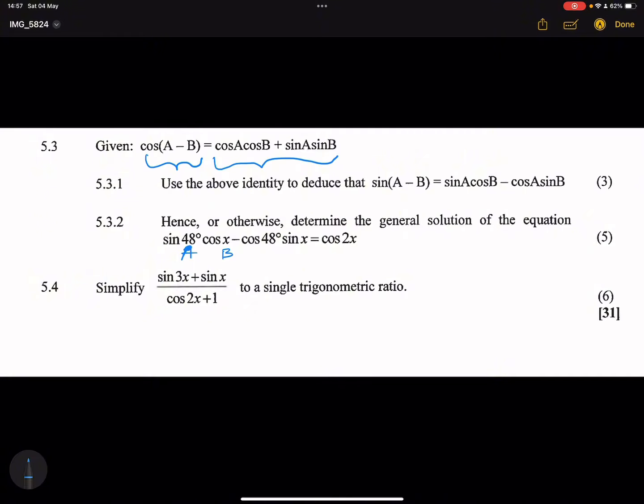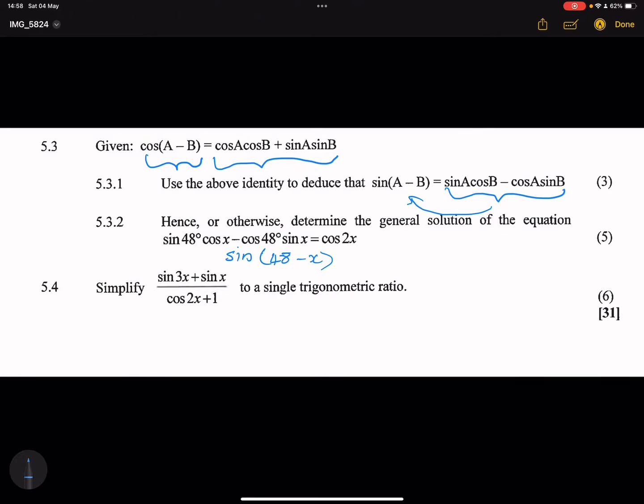So I can actually rewrite this, because if you look at this, it looks exactly like what we have over there. And we know this is equal to this. Okay, so on the left-hand side, I can say, well, this is the same as sine of 48 minus x. Okay, so now that means sine of 48 minus x is equal to the cos of 2x.